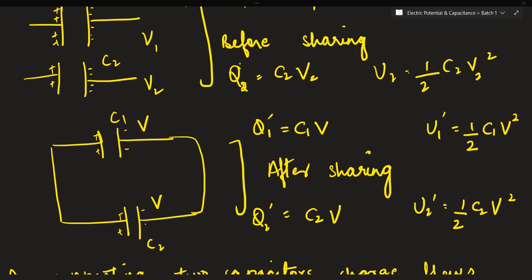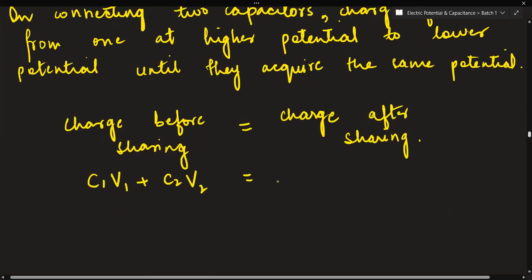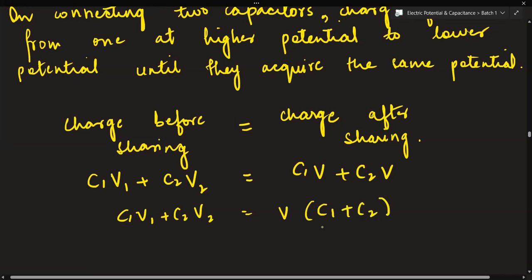So C1 V plus C2 capital V will be equal to what? C1 capital V plus C2 capital V. This is the total charge before sharing. This is the total charge after sharing. So from here, if I take capital V common, what is left? C1 plus C2.